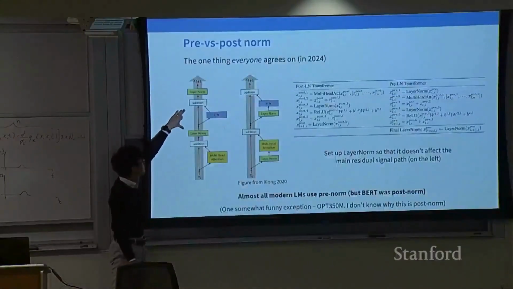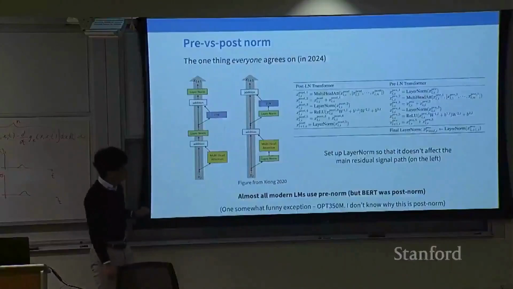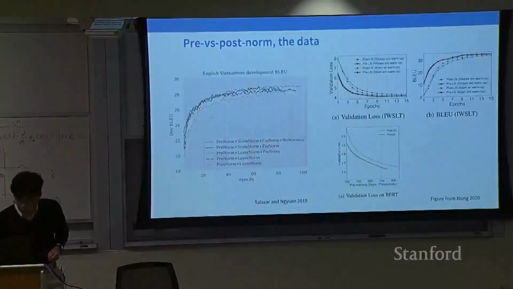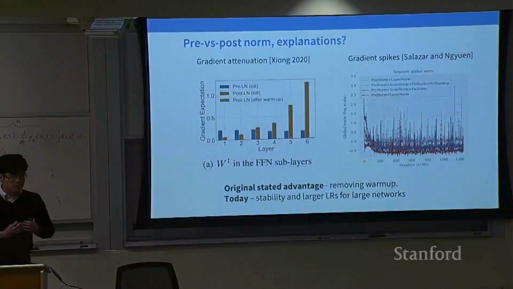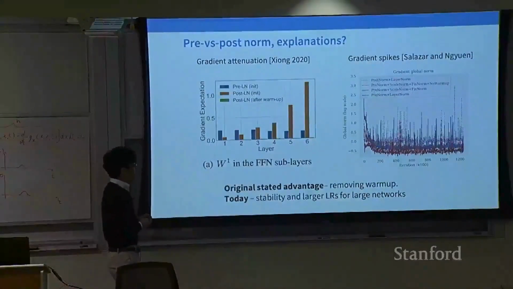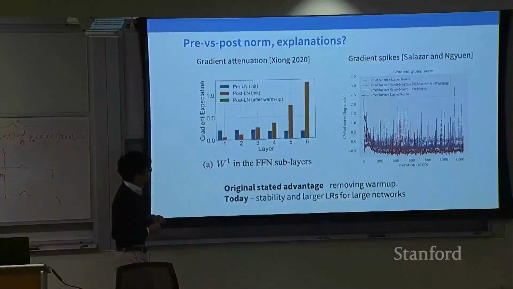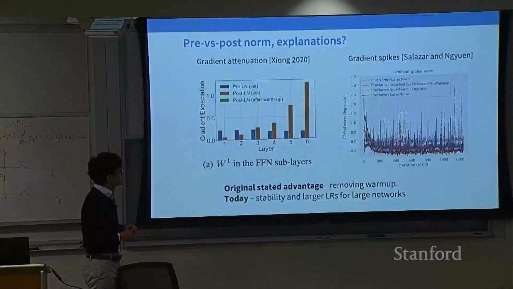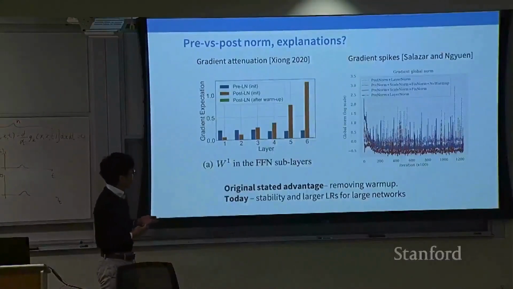And that's going to change the norm of your gradients as you go backwards. So you can see, from the principle of keep your residual stream clean, that pre-norm makes a lot of sense. People also realized through experimentation that this improves stability in general, that the sizes and frequencies of gradient spikes were improved under pre-norm compared to post-norm.